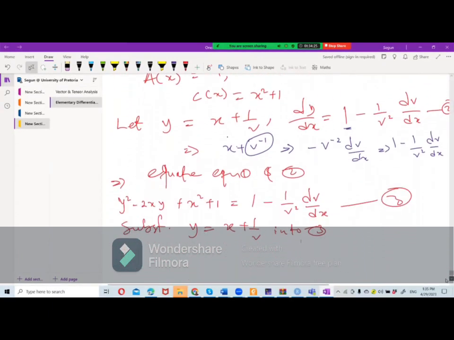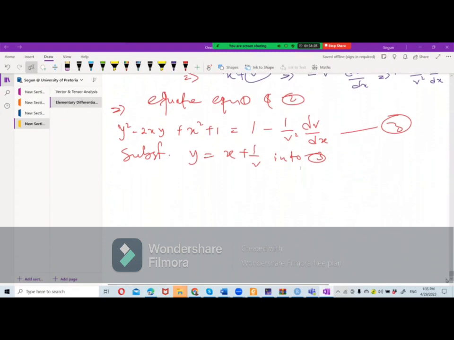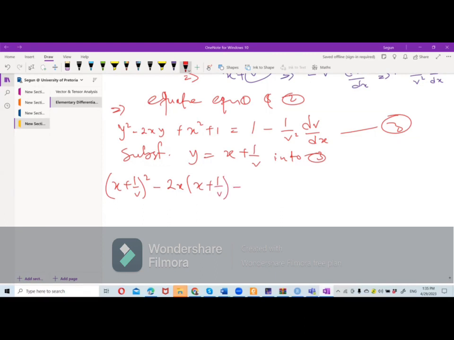So we have x plus 1 all over v all squared minus 2x into x plus 1 over v plus x squared plus 1 equals to 1 minus 1 over v squared dv dx.